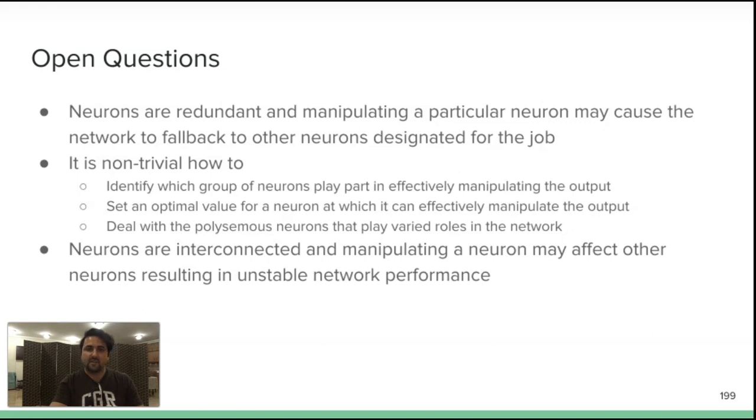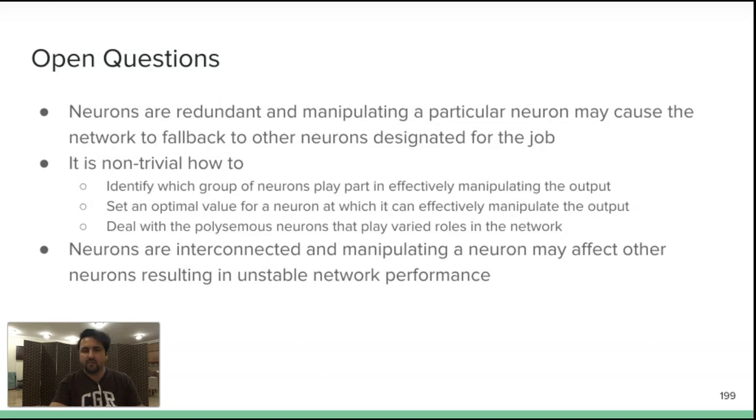Also, different subsets of neurons may play a role in different examples. How do we find which neurons are responsible for manipulating a particular set of examples? How do we find the optimal value for a neuron at which it can be effectively toggled to manipulate the output?